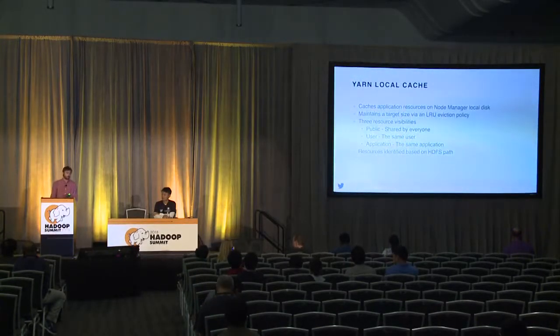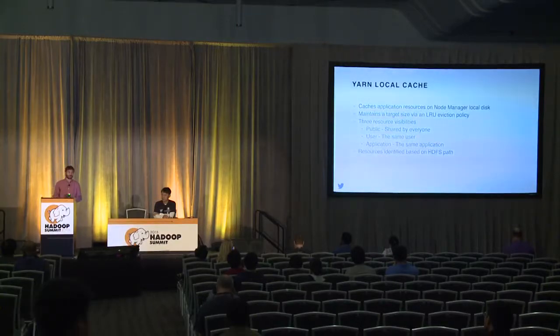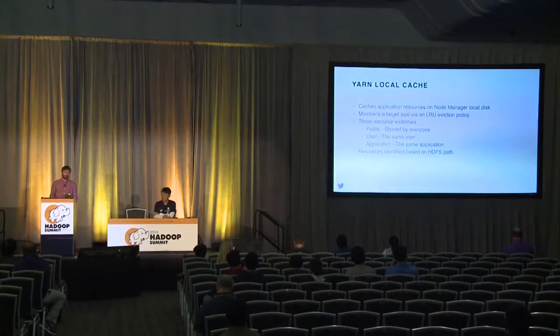So the Yarn local cache essentially caches local resources on the node manager's local disk. It maintains a target size, so let's say 65 gigabytes, using a least recently used eviction policy.